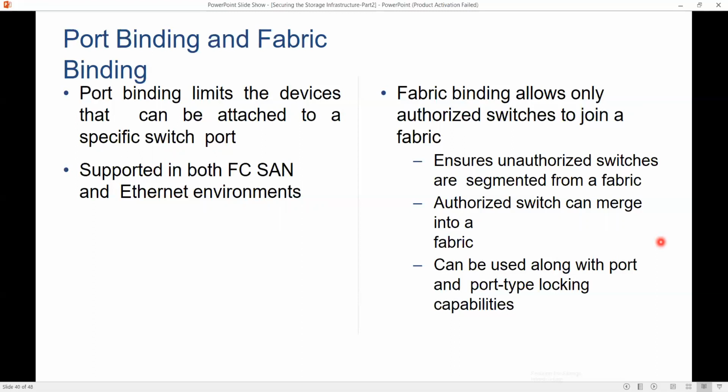Fabric binding also ensures that only the fabrics participating in the network should be enabled. The rest of the fabrics can be disabled, because whenever we implement these networks, we tend to have redundant fabrics in order to ensure availability. So the other redundant fabrics should be disabled at one time.